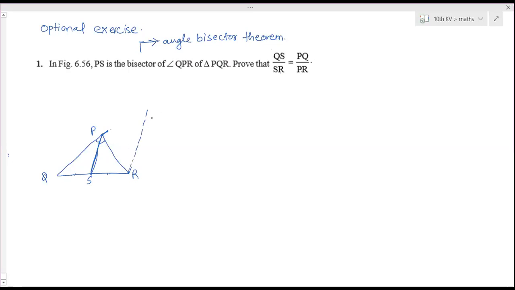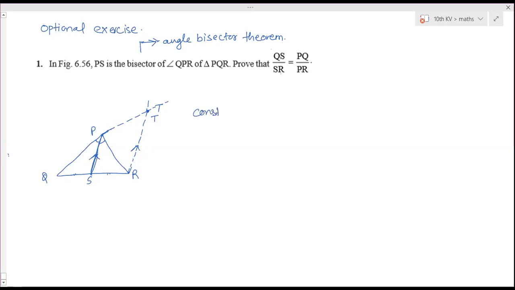So this is RT if you consider. And then QP, we have to produce forward to meet that parallel line. So that point of intersection is T. So we have PS parallel to TR.